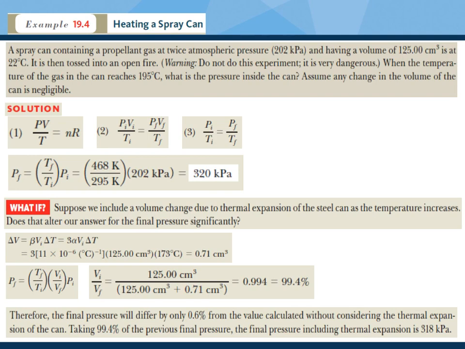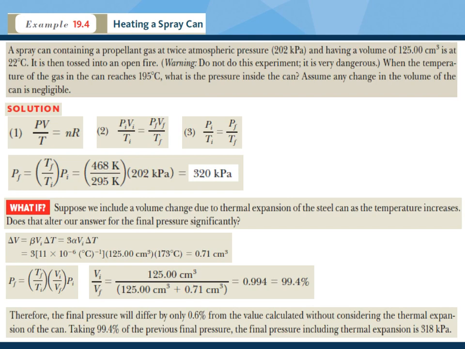In this question, the amount of the gas does not change, so we know that PV over T is constant. We further know that the volume of the gas does not change, so Pi over Ti is equal to Pf over Tf. If we plug in the values given by the question, we can calculate that Pf is equal to 320 kilopascals.